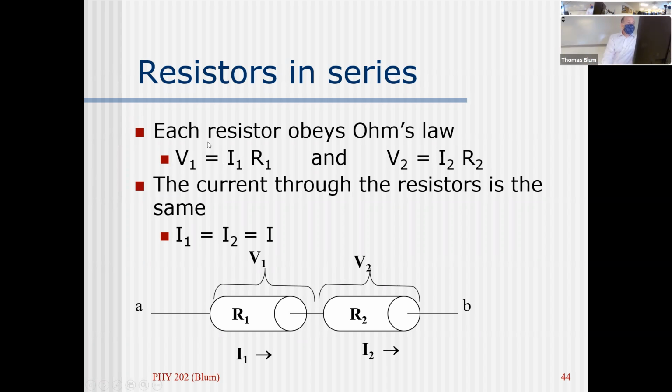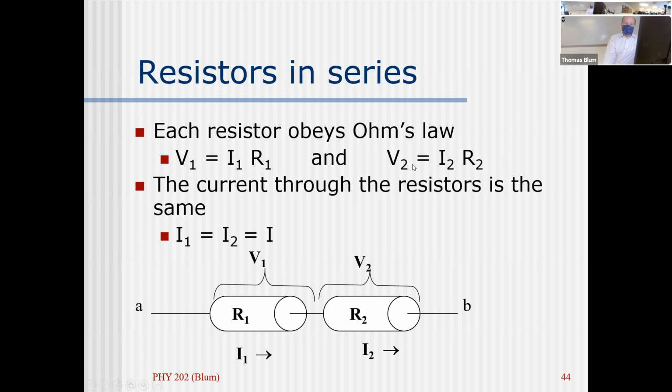Okay. So the voltage across the first resistor, I'm calling V1. Because it's a resistor, it obeys Ohm's law. The voltage across the second resistor is I times R because it's a resistor and it obeys Ohm's law. We know that they are in series, and things in series see the same current.